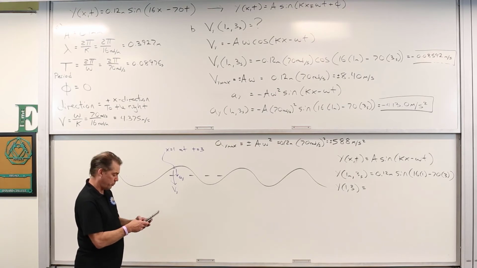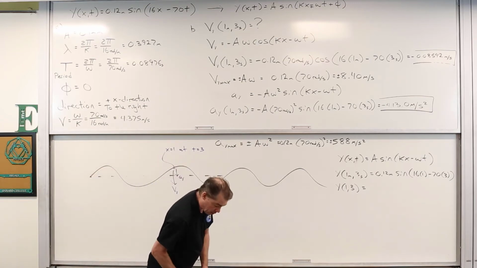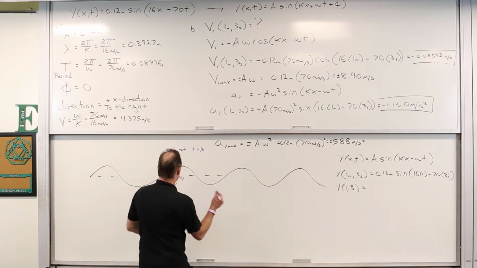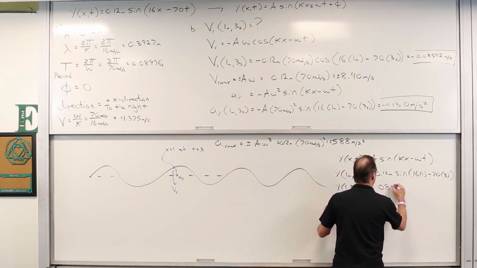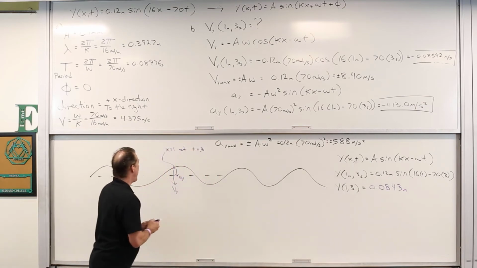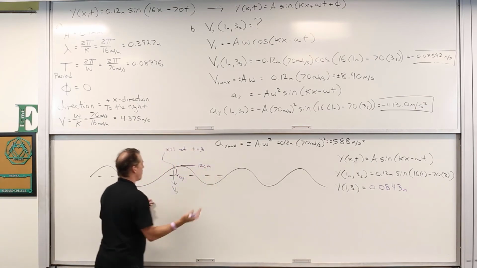So let us look. 0.12 times the sine of 16 minus 210 gives us positive 0.0843 meters, 8.43 centimeters. The maximum here is 12 centimeters, or 0.12.